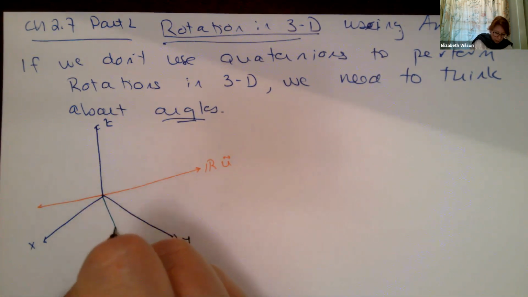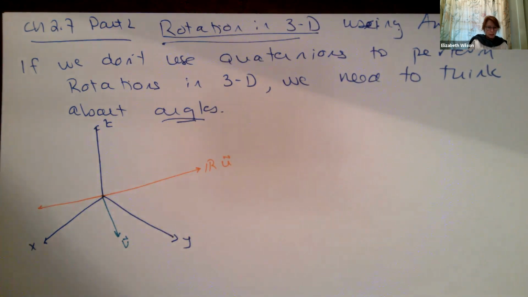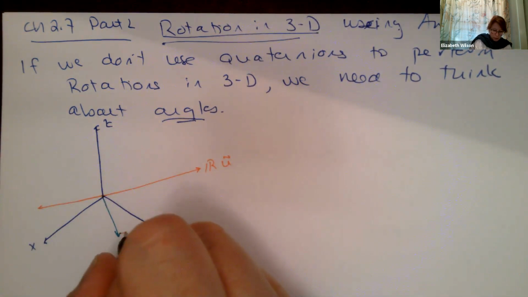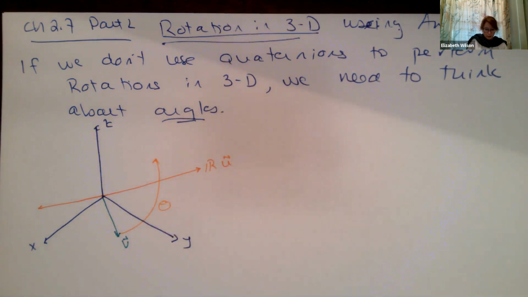So we've got something that we're rotating around. Say, for example, we've got some kind of line. It's linear, right? It passes through our origin. And then I'll do this in green. I've got the vector V, which I want to rotate some angle measure around this line here. So we're going to rotate around RU by theta. So this is like theta radians or theta degrees. This is how much we want to actually rotate around.